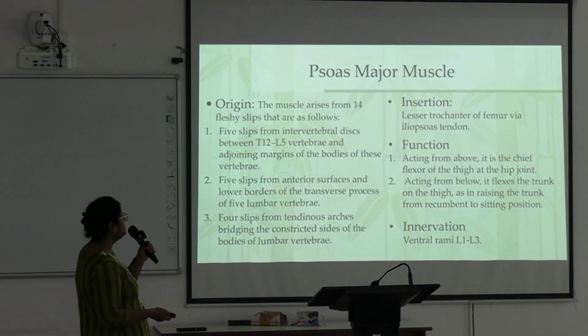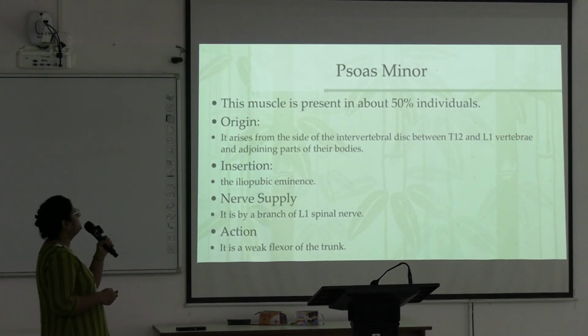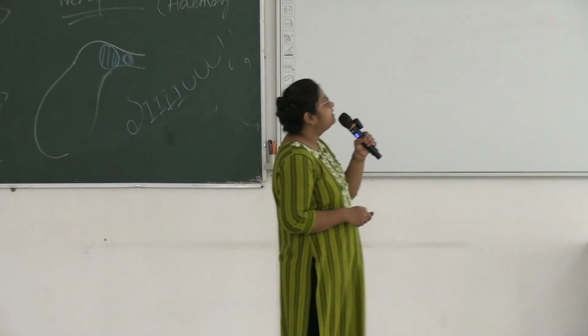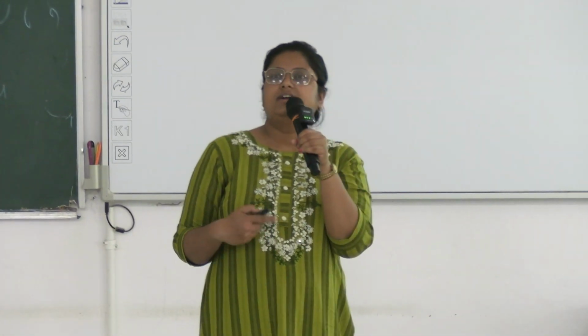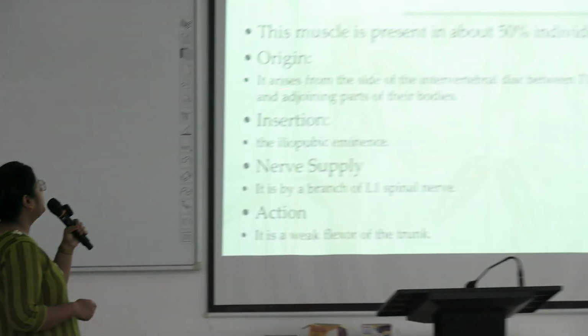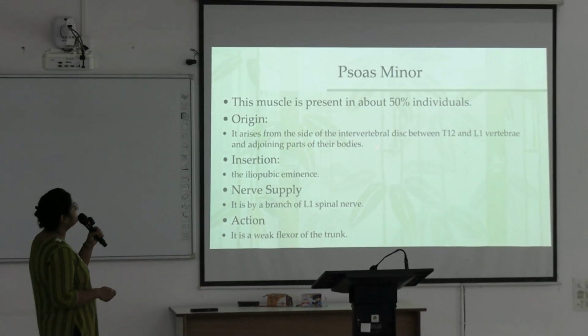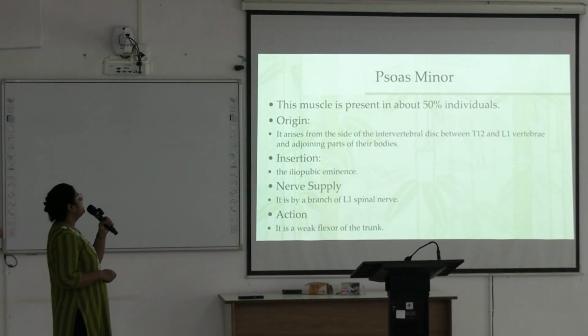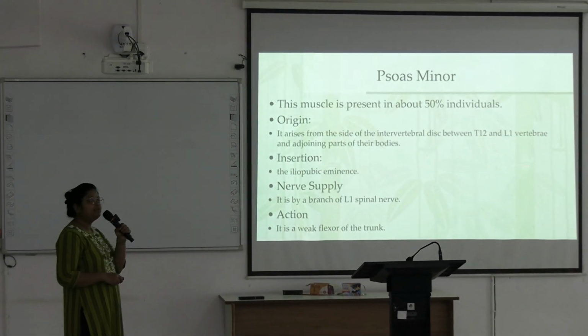Next we go to psoas minor. This muscle is present in about 50% of individuals, so it will be absent in half of the individuals. It arises from the side of the intervertebral disc between T12 and L1 vertebra and adjoining parts of their bodies.